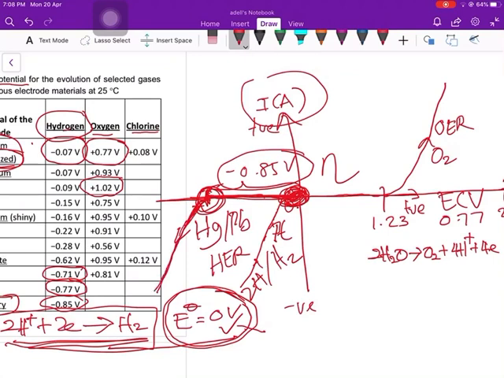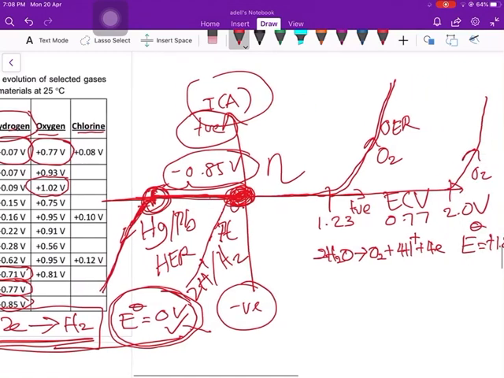Even though it is going downward, this is negative. For reduction it is negative; for oxidation it is positive, going upward.